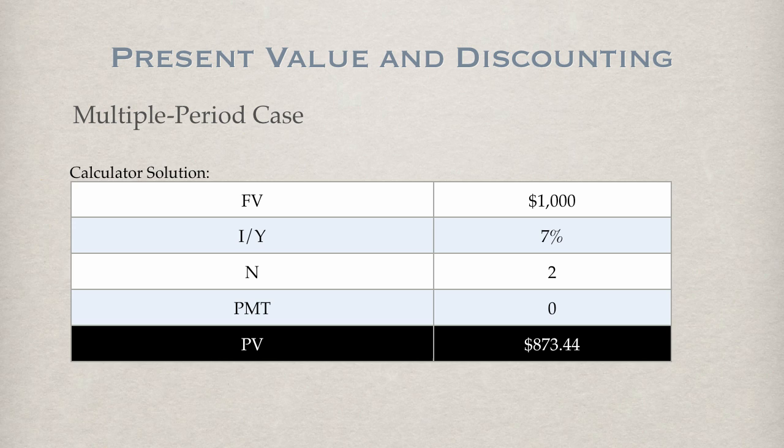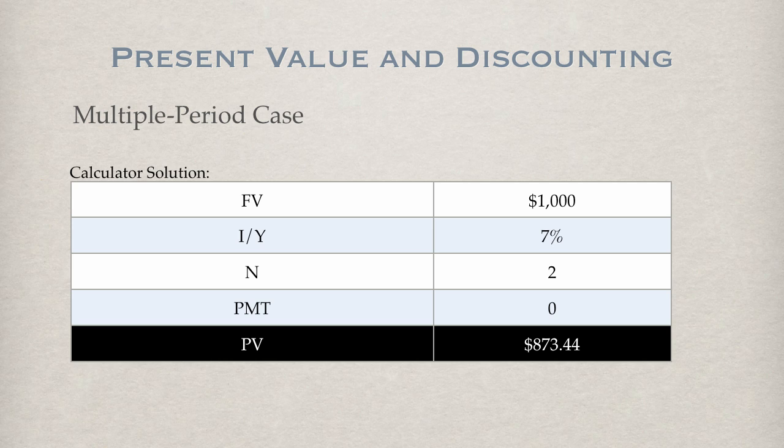Utilizing our calculators, we know that we are looking for the present value in this case. We're given that our desire is to have $1,000 at the end of the investment period. We also know that we are investing for 2 years and we expect to receive 7% on whatever investment we make today. Since we are planning to make our investment today, whatever that amount might be, and not making any more payments over the time period, our payments are 0.